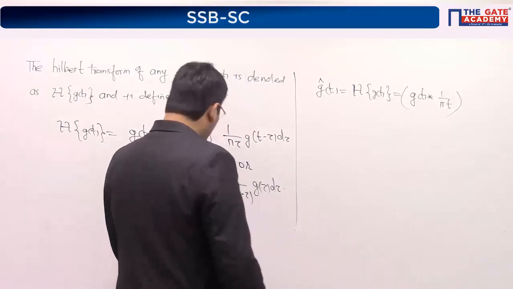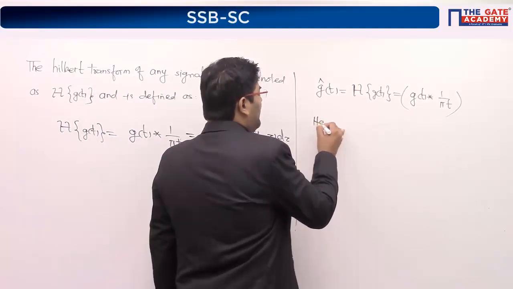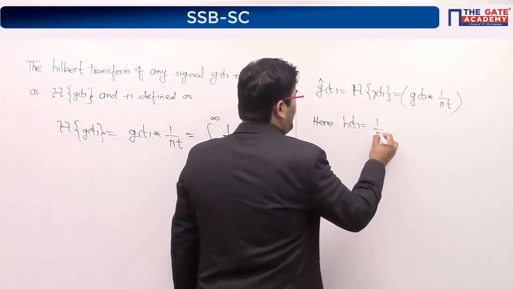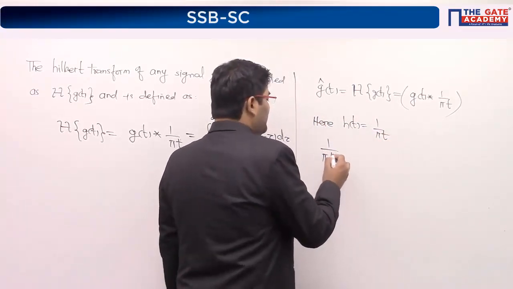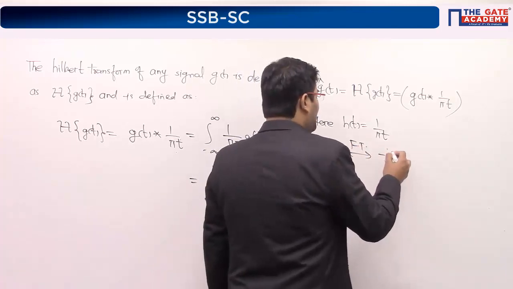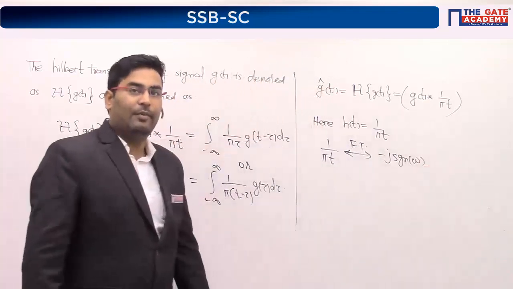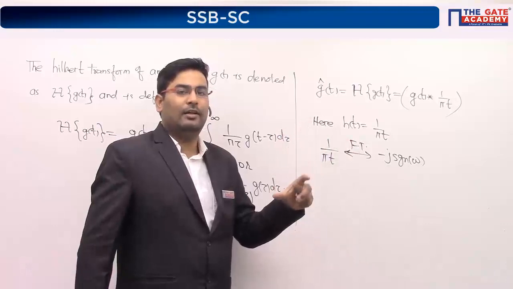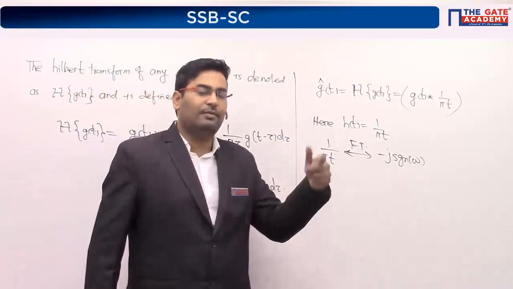Now, how will we relate the Hilbert transform? Here, the Hilbert transform impulse response is 1 upon pi t, and if you use duality properly, you will find the Fourier transform of 1 upon pi t is minus j signum omega. It comes because of duality. If you recall, duality was what? If you want to find the Fourier transform of something which is already the Fourier transform of something else.